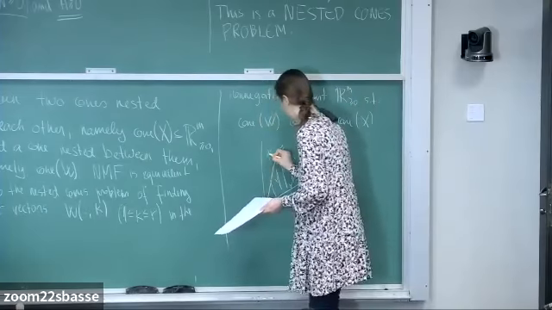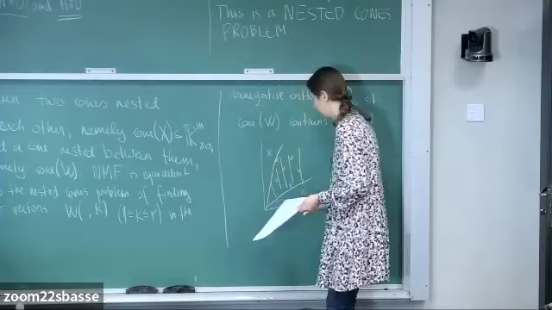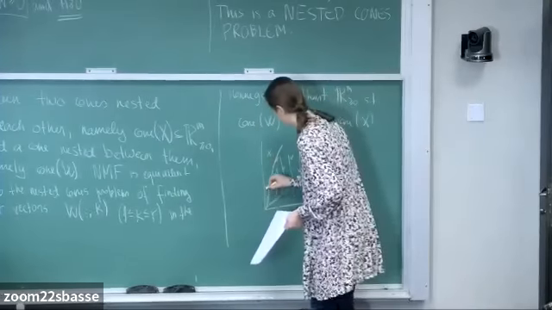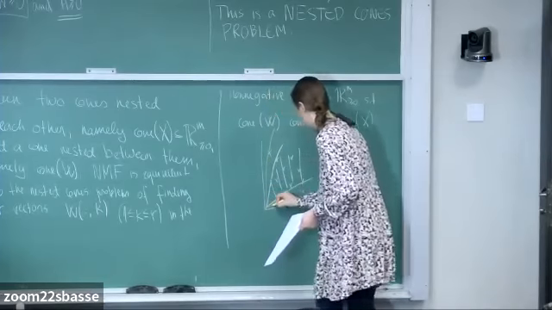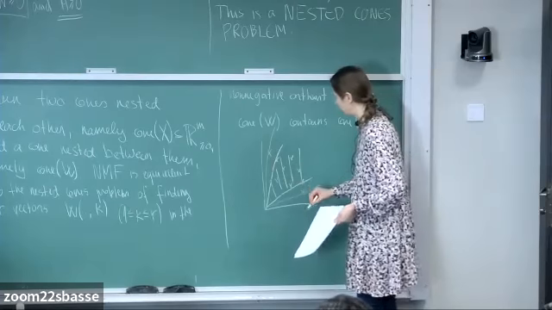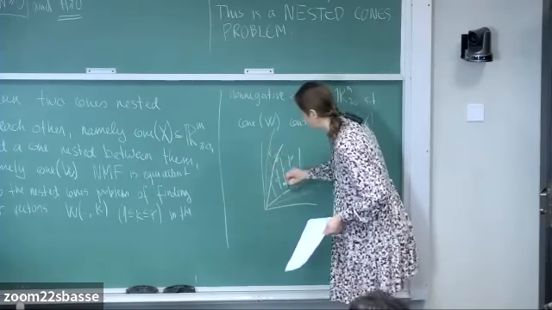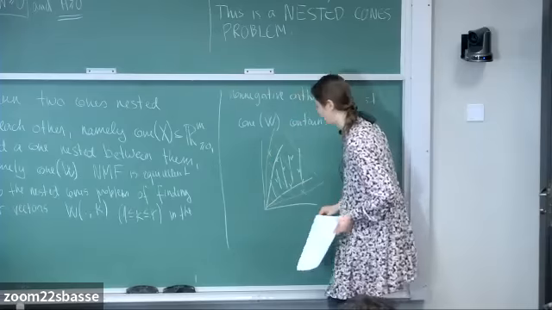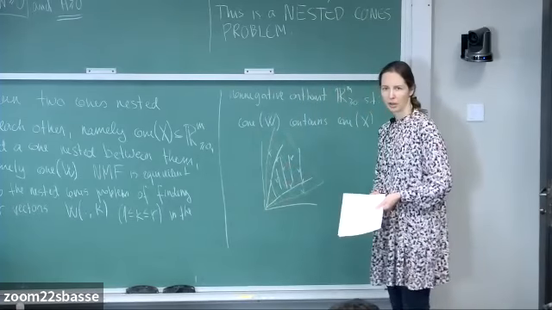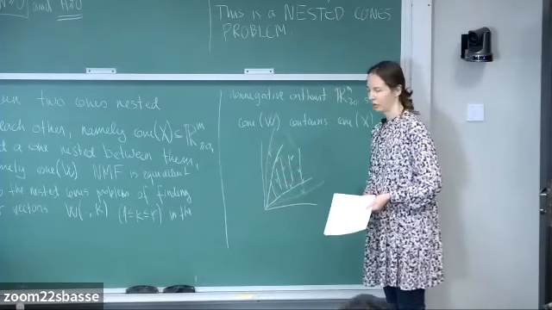Then, for example, we could take these 2 vectors over here. Let's say this will be the first column of W. This will be the second column of W. And then this gives us a cone that's between cone of X and the non-negative orthant.